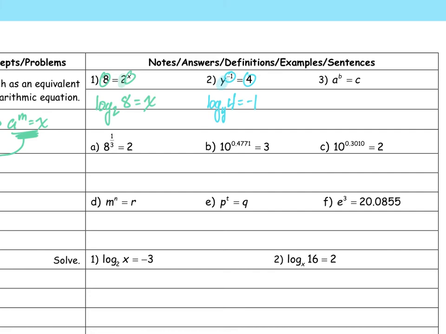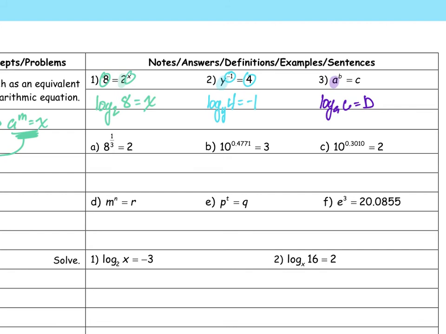And then the last one, my base is a. So I have log base a of c equals b. Okay, so I'm just doing the opposite this time.